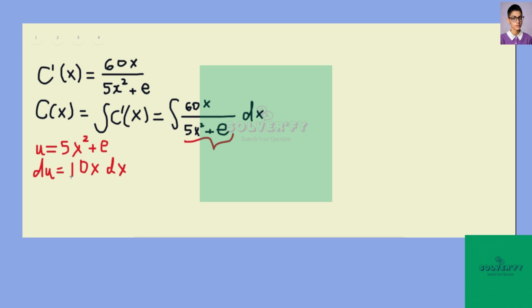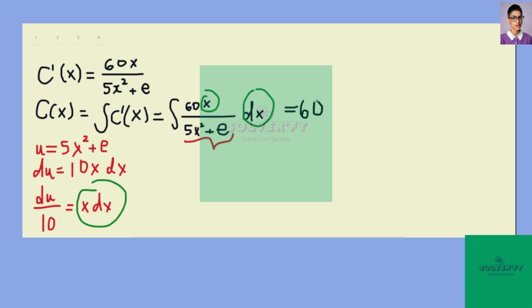And we're going to go ahead and move the 10 to the other side, so it would be du over 10 equals x dx. And as you can see in the integral, we have an x dx, and we have an x dx equal to du over 10. So we can go ahead and do the substitution. We have a 60 here, and that's a constant, so you can move it outside of the integral.